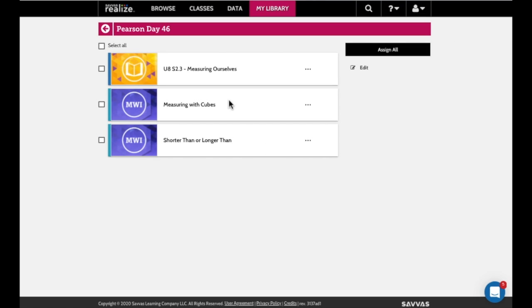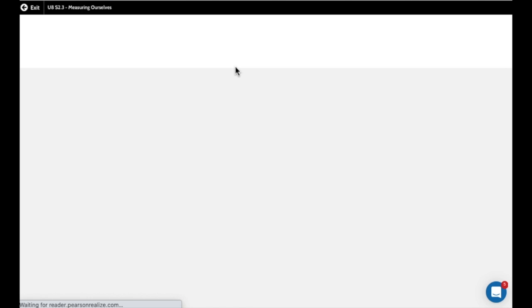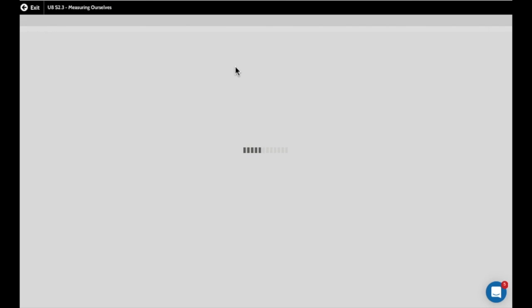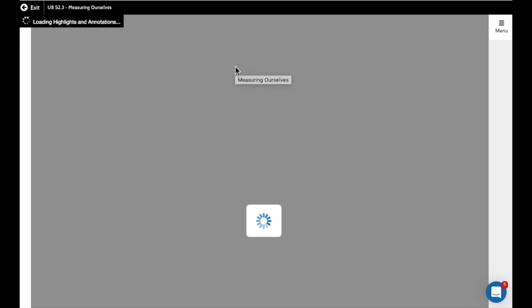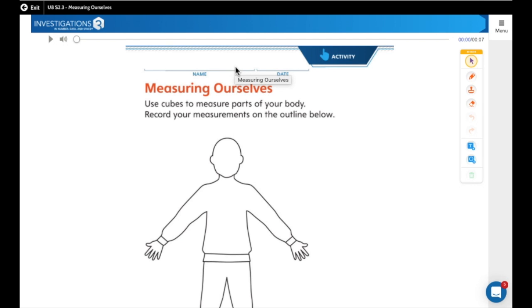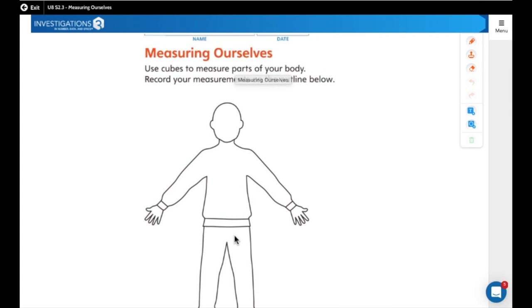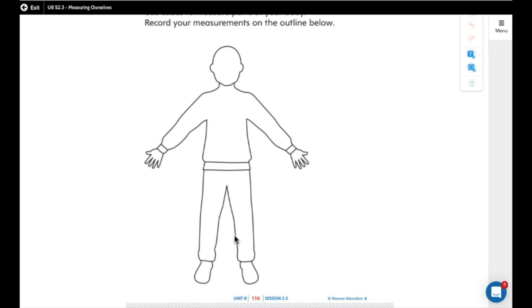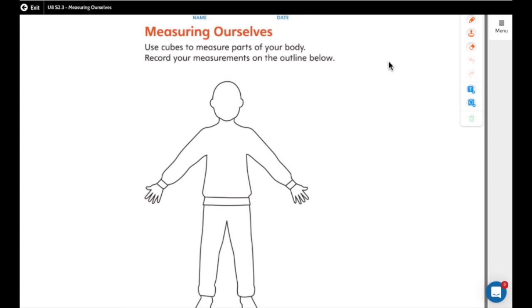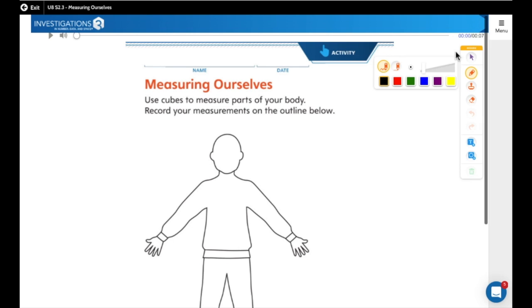Measuring. So here's how this is going to work, and you're going to have to get a little bit creative because you probably don't have counting cubes at home. The job is to measure ourselves. Now this is an outline of a person, and it's going to be your job to measure yourself, not this person, but your own body, any of these parts that you want to measure.